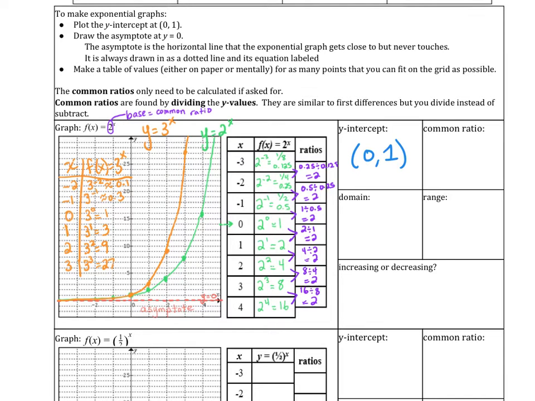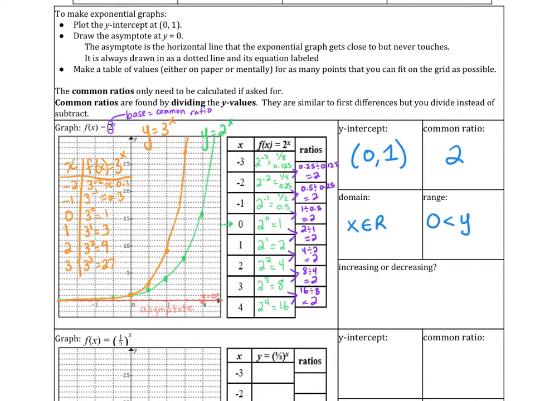The common ratio in this example is 2. It's the same as the base. The domain is x ∈ R because our graph will go all the way to the left and all the way to the right. Our range. Now, it looks like it goes down as far as 0, but remember the asymptote means it doesn't actually touch 0, so we're just going to say y is greater than 0, not greater than or equal to 0.